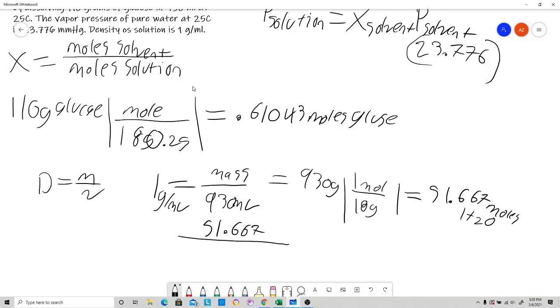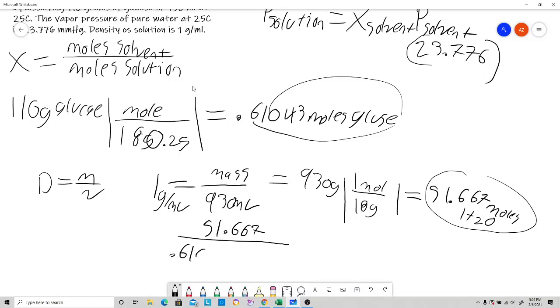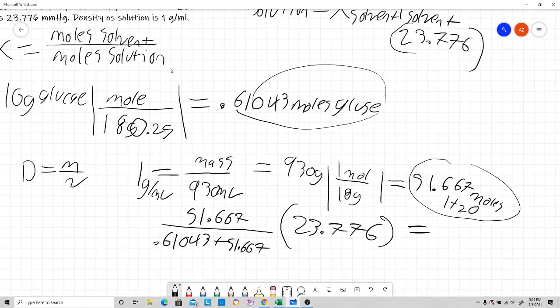Divided by the moles of the solution. For the moles of the solution, all we have to do is take this number right here and add it to this number. So it's going to be 0.61043 plus 51.667. And now we have the mole fraction. Remember, they gave us the pressure of the solvent in the beginning, so we can multiply that out.